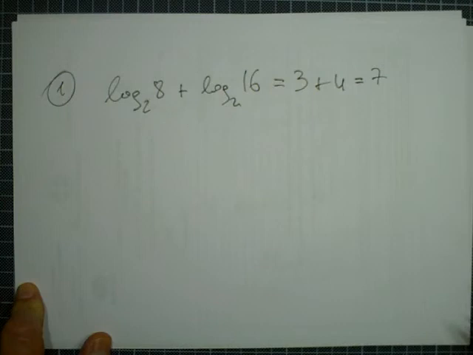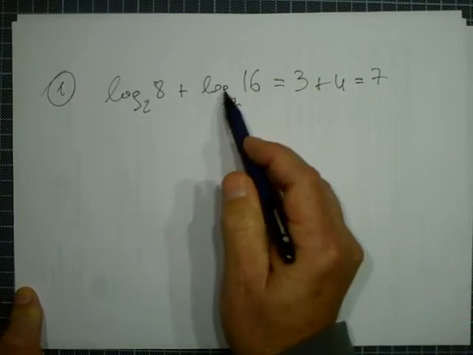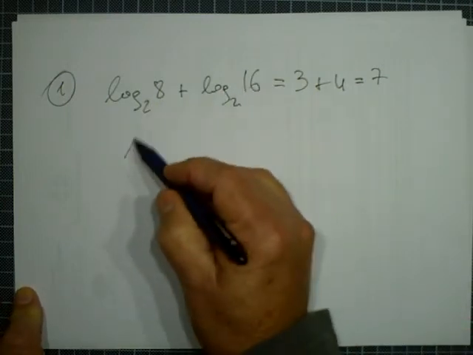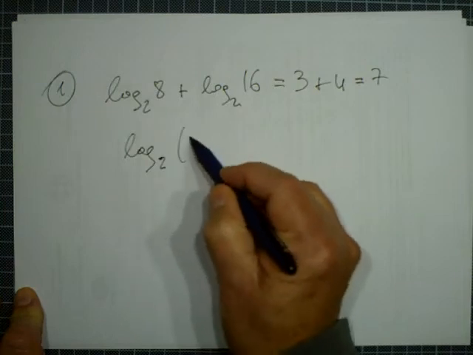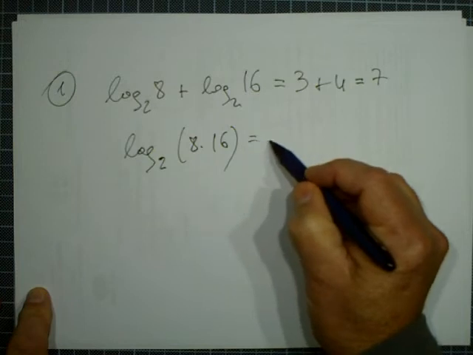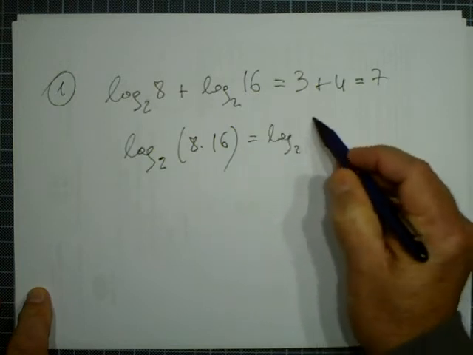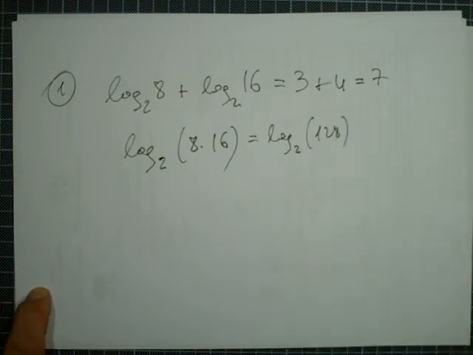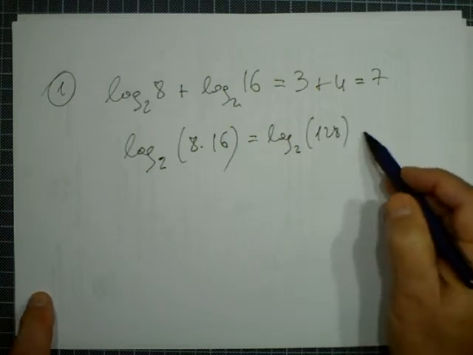The result is 7. Now, what happens if we multiply these two numbers? Log 2 of 8 times 16. 8 times 16 gives 128.